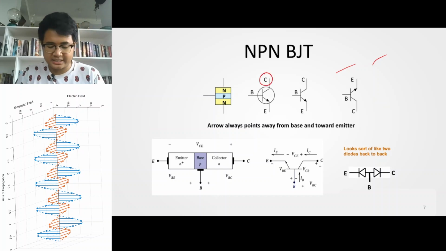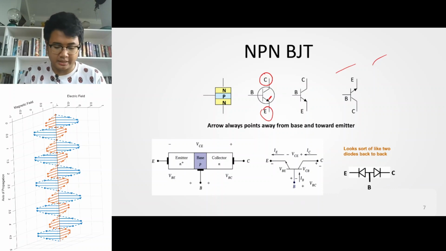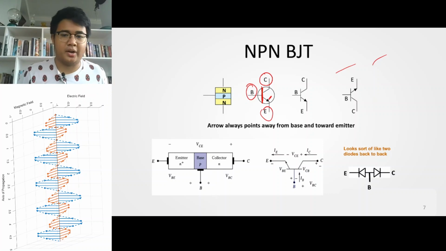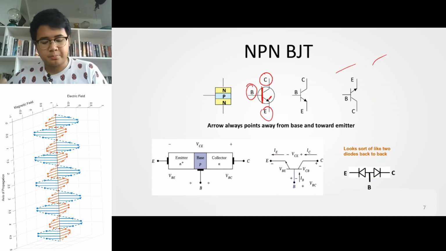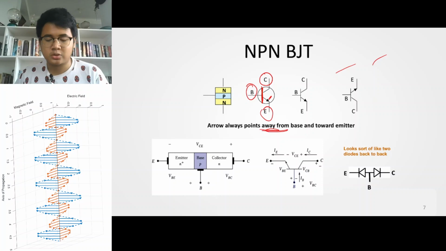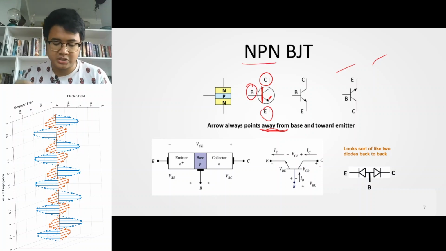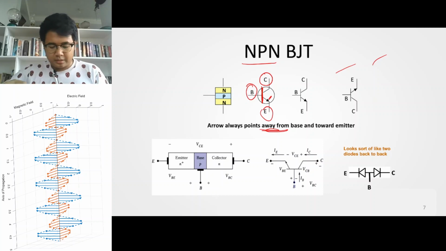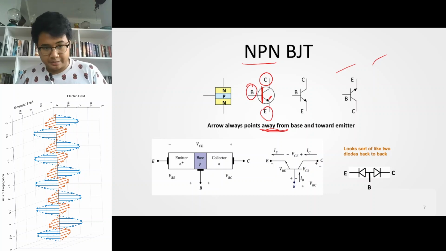The emitter has an arrow going out, and the base is connected to a line right here representing control over the junction. The arrow always points away from the base toward the emitter for an NPN BJT. So this is your schematic or symbol for your BJT.